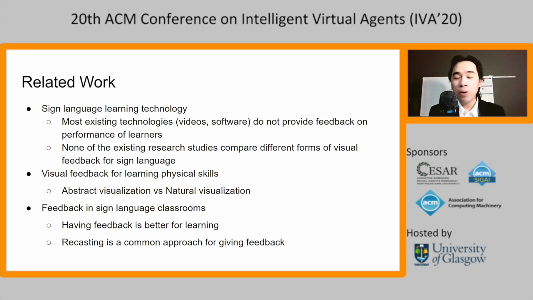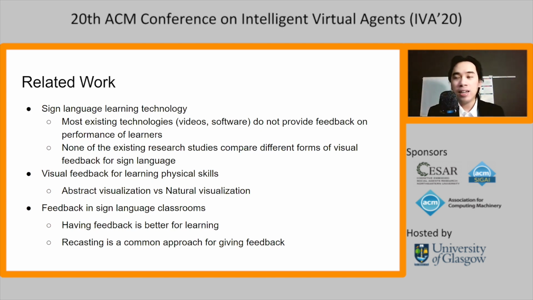We also look at visual feedback for learning physical skills. One of the key points that I figured out from looking at many different forms of visual feedback for learning physical skills is that there are 2 groups of feedback: abstract visualization and natural visualization.